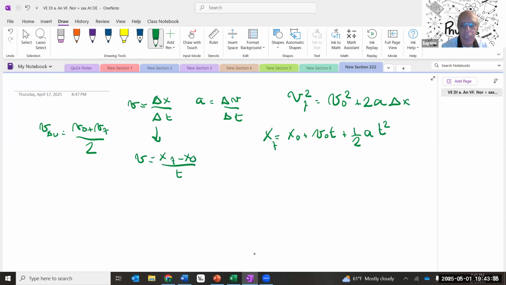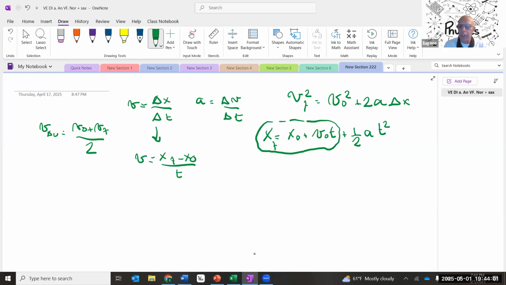And this is exactly this formula here, if you solve it for x final. You don't need to remember that. You have access to this to do all your problems, but I want you to understand where they're coming from. Okay, so this is linear motion.